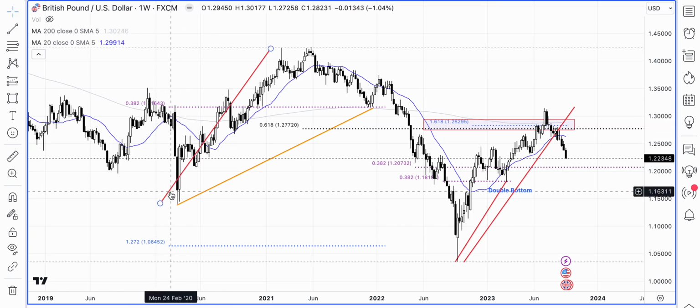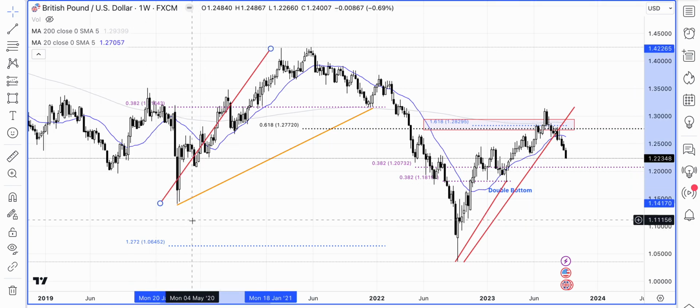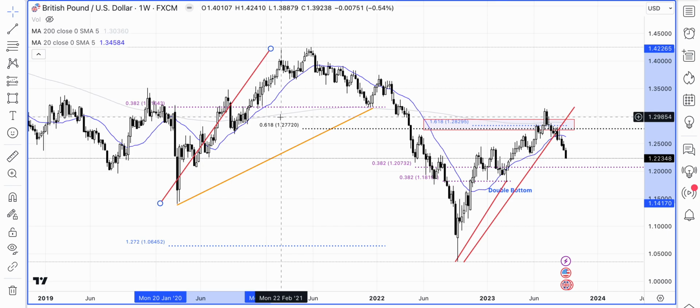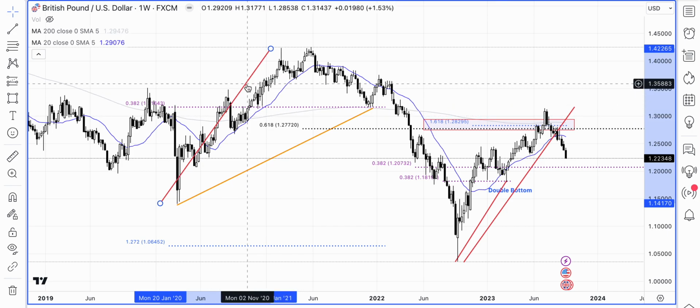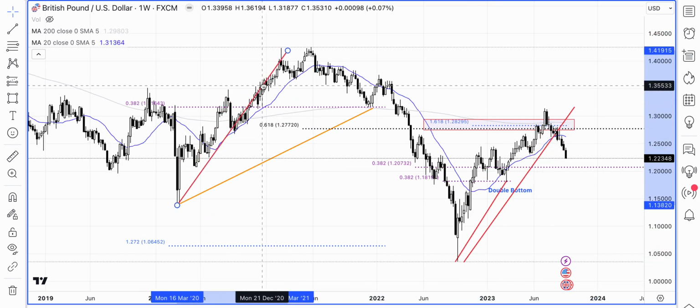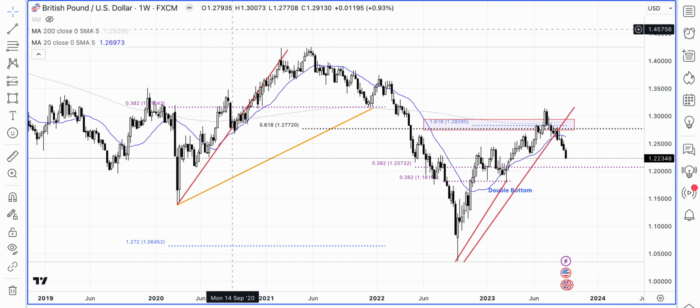This red line basically indicates the move that we had in March of 2020. These are the COVID lows, followed by a rally to February of 2021. If we just take that and project it from the bottom here, these are the exact symmetric moves. So the markets like to repeat over and over again.